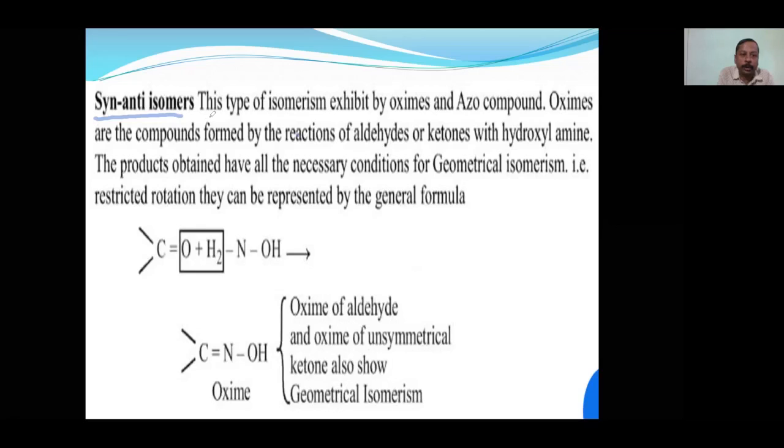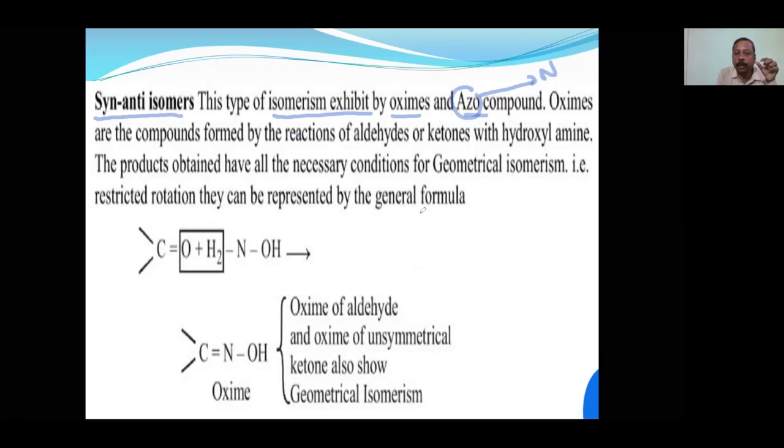Okay, so syn and anti isomerism. This type of isomerism is exhibited by oximes and azo compounds. What is an oxime? That also I will tell you. You might have studied it in IUPAC naming: aldoxime and ketoxime, which are further divided into two types. Azo means nitrogen, so nitrogen containing compounds are called azo compounds.